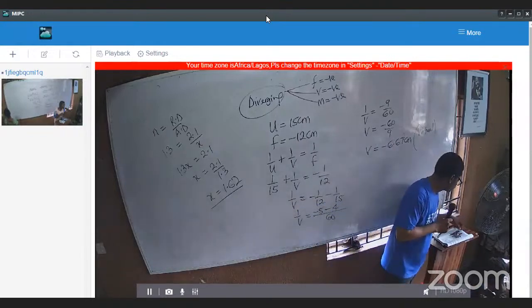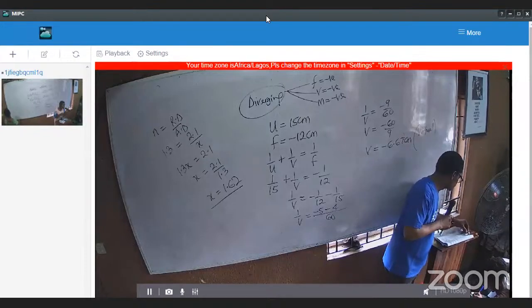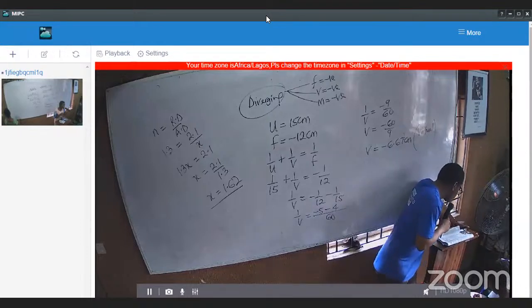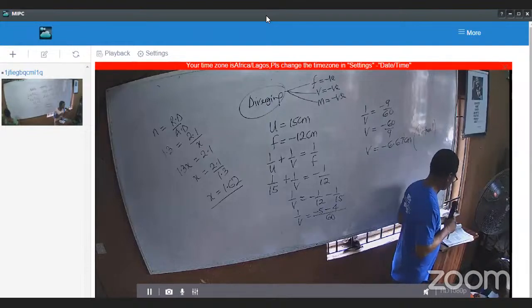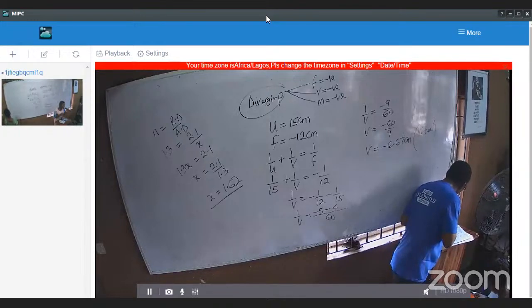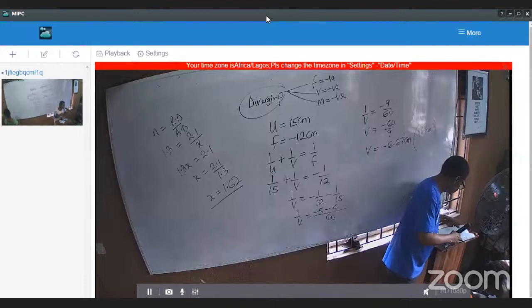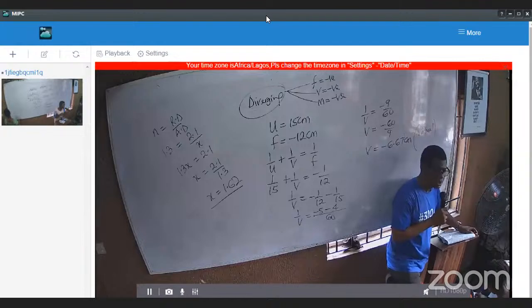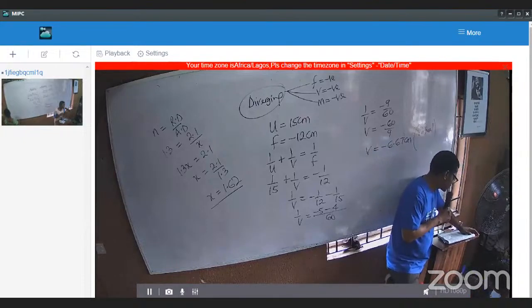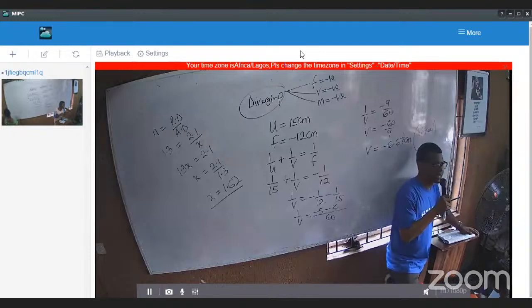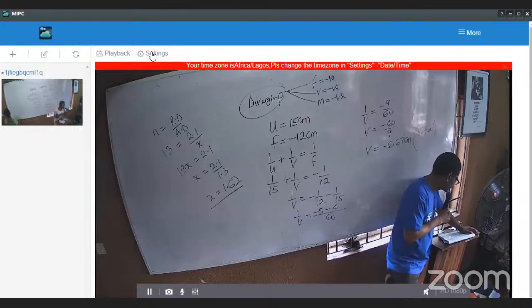Last question. A converging lens of focal length 10 cm forms an erect image 3 times the size of a real object.